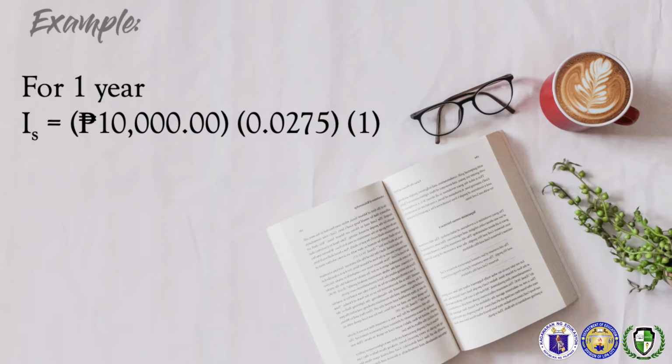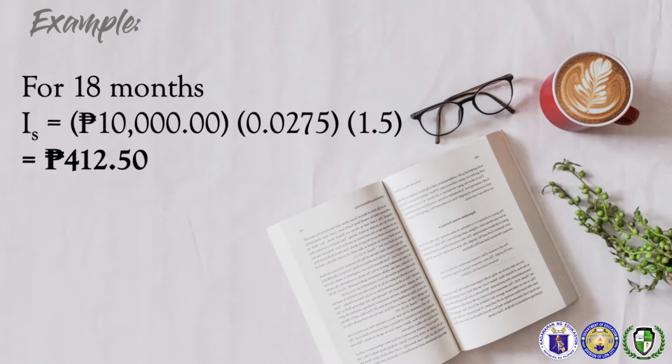For 1 year, I_s is equal to 10,000 times 0.0275 times 1. Then the answer is 275 pesos. And now for 18 months, I_s is equal to 10,000 pesos times 0.0275 times 1.5, and that is equal to 412 pesos and 50 cents.